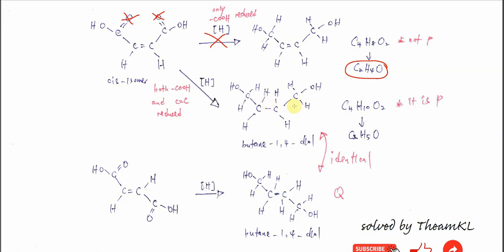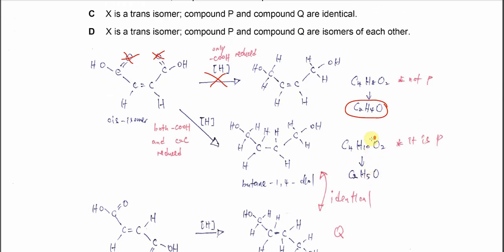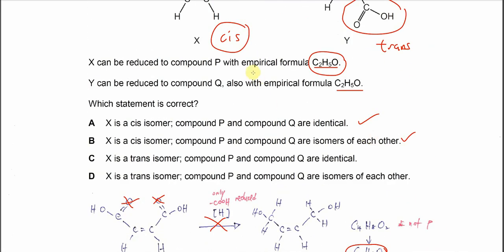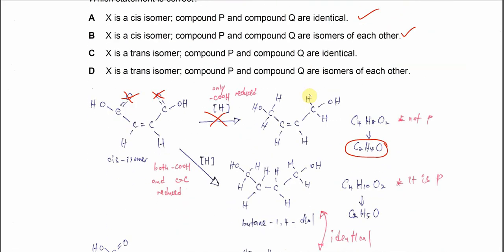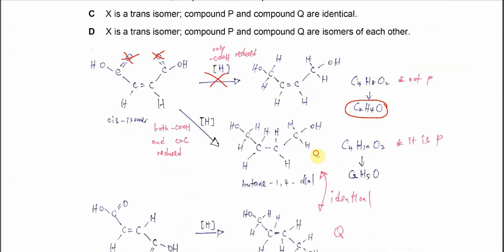The molecular formula for this diol, butane-1,4-diol, is C4H10O2. The empirical formula is C2H5O, which fits the statement. So we know that X will form compound P, and compound P must be this one, butane-1,4-diol.